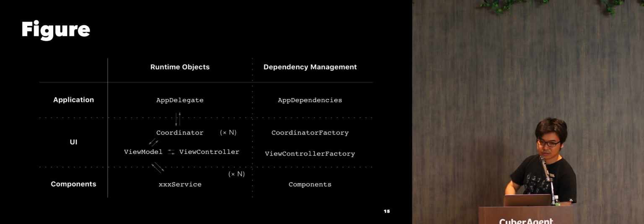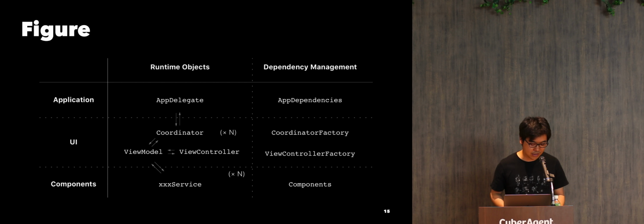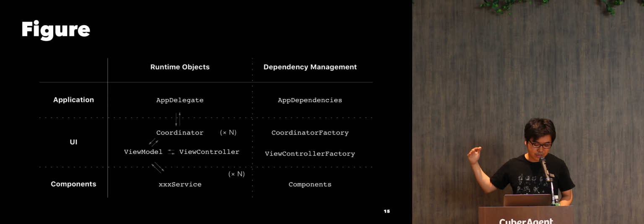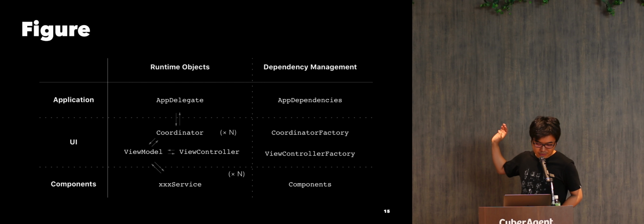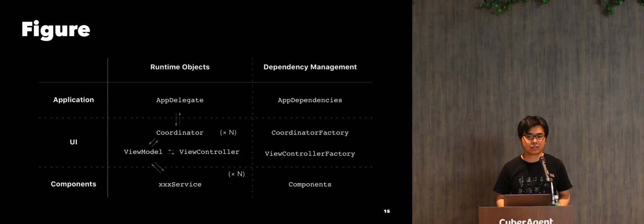So that's why I felt that the application, UI, components separation is not just for organization, but it gave me some inspiration to architect whole applications and object organization. The right column objects are doing dependency injection, so they have a lot of dependencies.